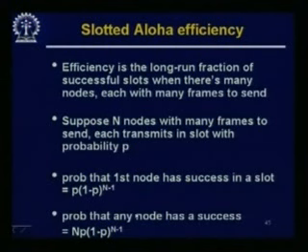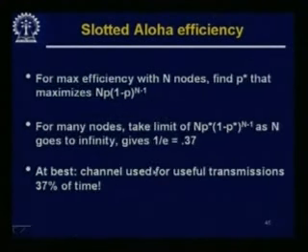And probability that any node has a success is n p into (1 minus p) to the power n minus 1. So for maximum efficiency with n nodes, we have to find a p star that maximizes n p into (1 minus p) to the power n minus 1. So this value will depend on n.